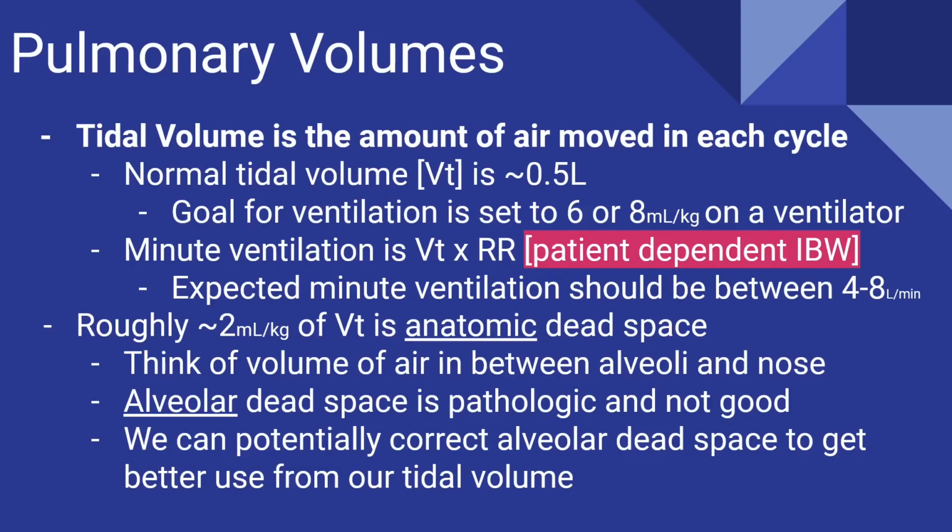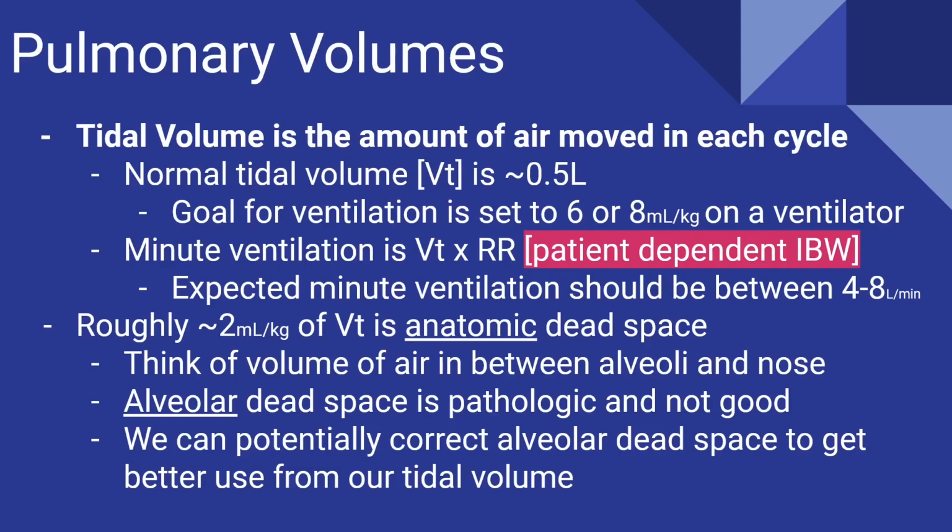Now, a portion of that is anatomically referred to as dead space. So a part of that volume is not able to be filtered and taken in through the alveoli and utilized. That's anything between the end of my nose all the way up to that first alveoli.